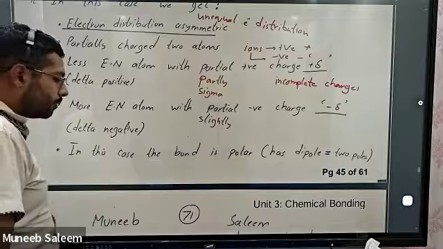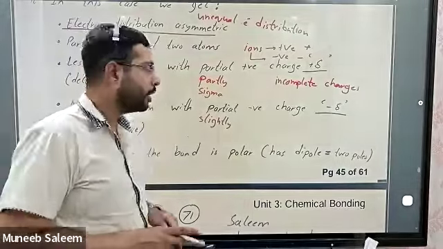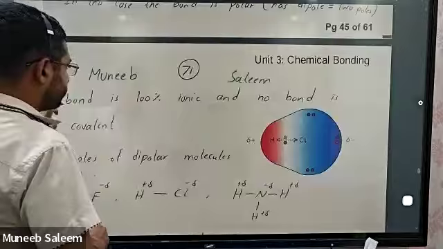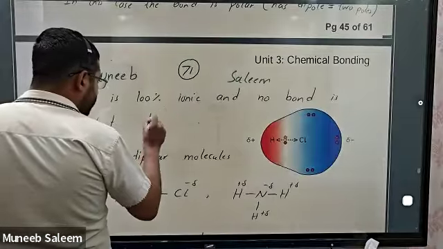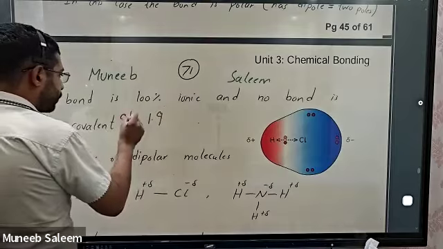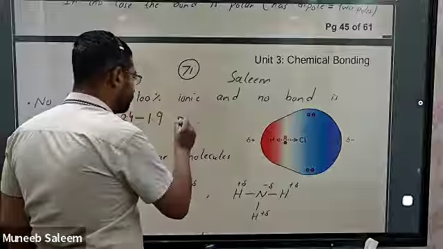Now, whenever we have such a case in which the two elements have some significant difference, basically it is said that a difference between two atoms from 0.4 up to 1.9 is said to be a polar molecule.